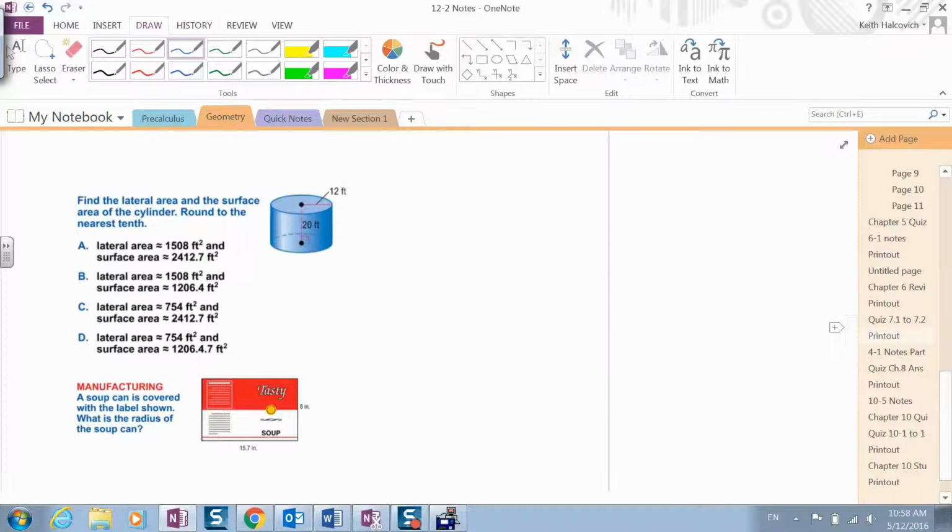All right, lateral and surface area of this cylinder. Well, remember the lateral area is equal to 2 pi r times h.